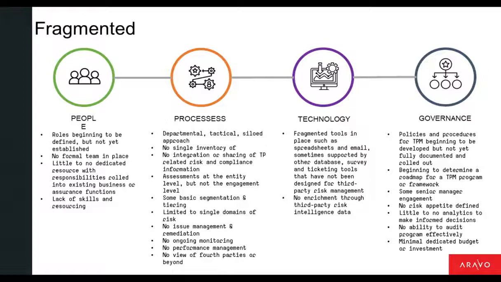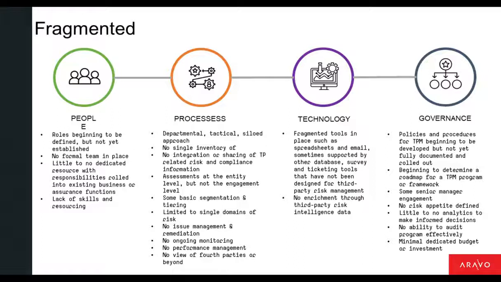At this stage, you might have some basic segmentation based on criticality or materiality of your third parties and suppliers. And you might have some light risk scoring in terms of being able to identify who are your low risk, medium risk, and high risk suppliers in pockets. But you're still not using some of the more advanced methodologies in third-party risk.